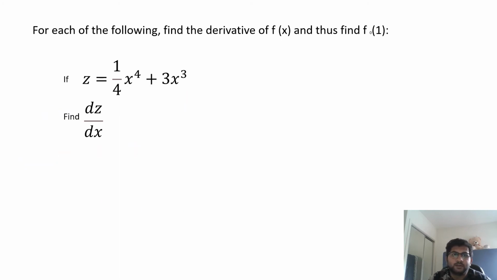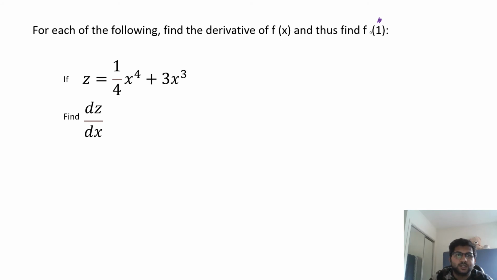Let's move on to the other one. For each of the following, find the derivative of f(x), thus find f' at 1. Right? So find the derivative with respect to x of the equation.